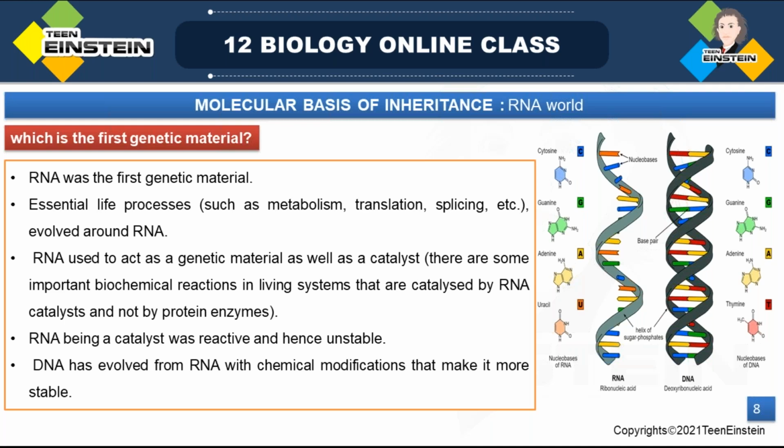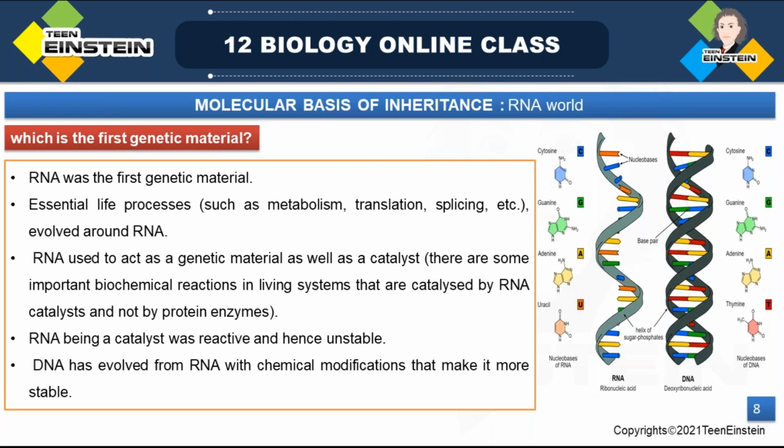So RNA works as a genetic material, and in some other cases it is acting as a catalyst also. In some important biochemical reactions, those reactions are catalyzed. What will a catalyst do?